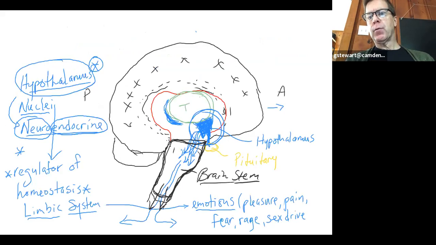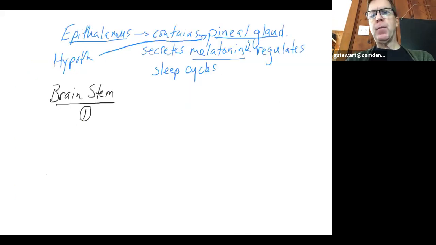So area 1 would be up here, 2 is here, and 3 is down here. We're just going superior to inferior when we number these. So number 1 is called the midbrain. That's the area closest to the diencephalon, closest to the interior of the brain itself.